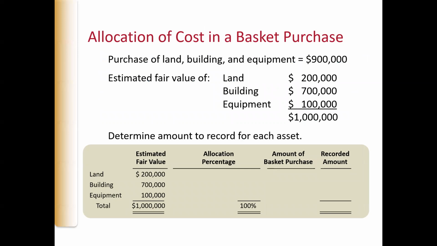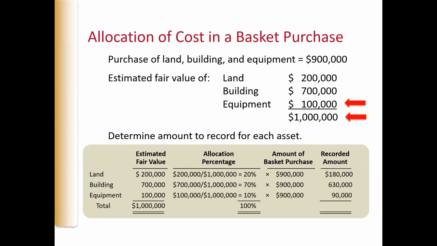So in this case, if we're purchasing land, building, and equipment for $900,000, we determine, okay, what is the percent of land to the total? What's the percent of building to the total? What's the percent of equipment to the total? So we'll come up with a ratio, a percentage, and then we'll allocate the purchase price based on that percentage.